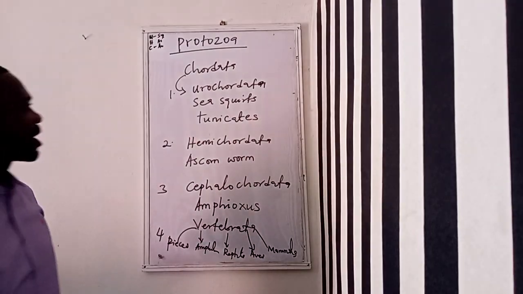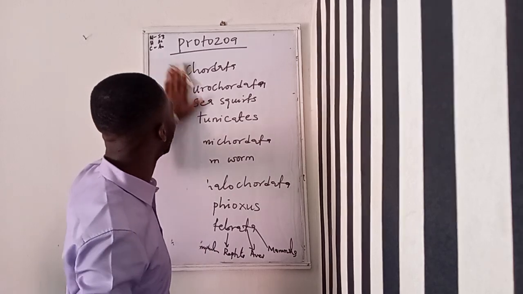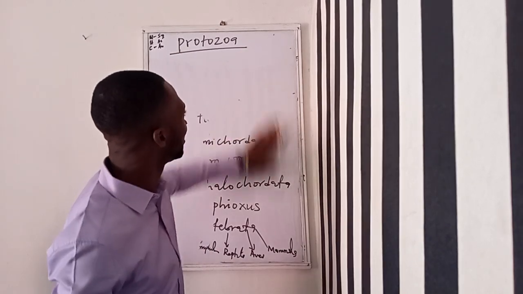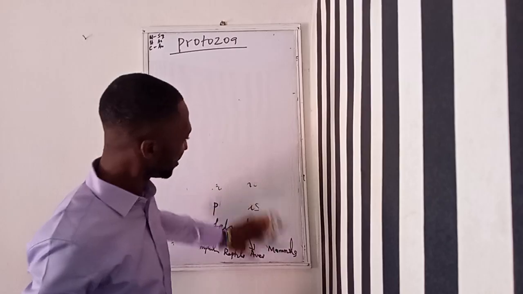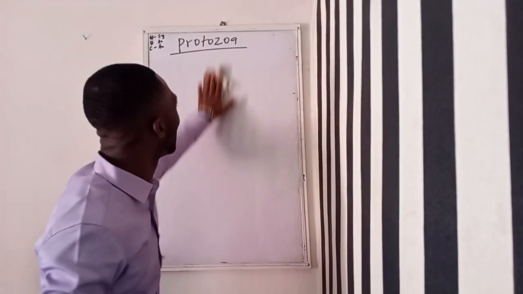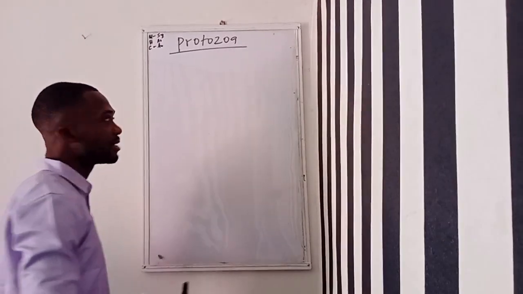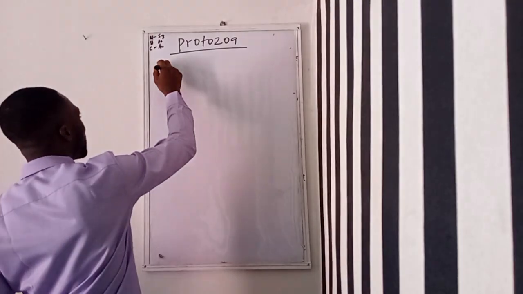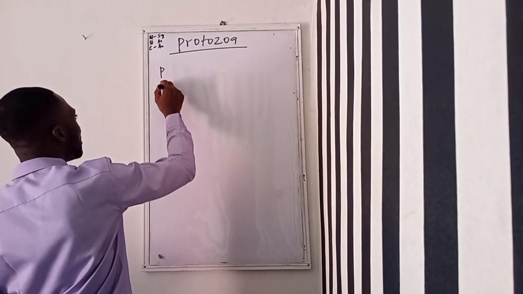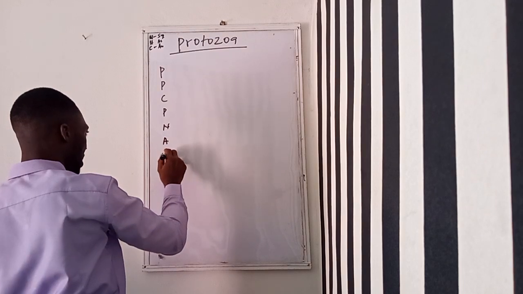But then our interest for today's class is to study the invertebrates. And in the invertebrates is just one of the phyla I want to look at. So I said we have P, C, P, N, and Mike.